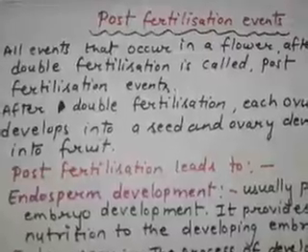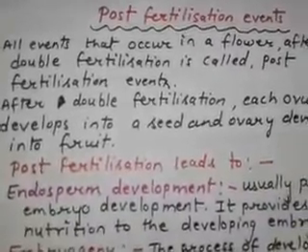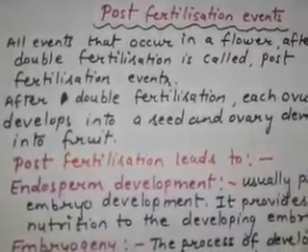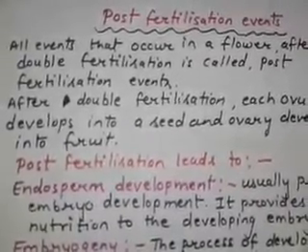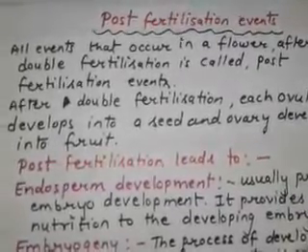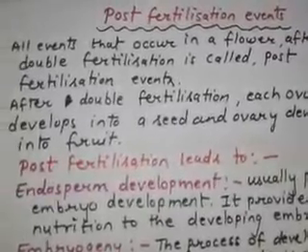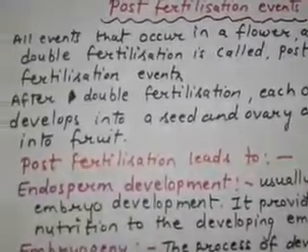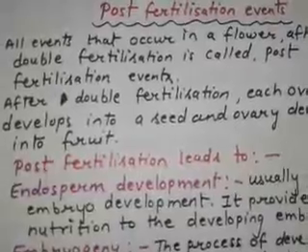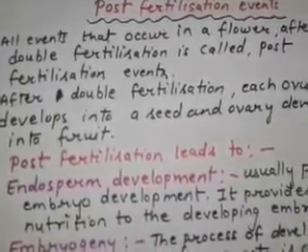Now next is post-fertilization events. As we discussed in chapter 1, all events that occur in a flower after the double fertilization are called post-fertilization events. After double fertilization, several kinds of changes take place in the flowering plants.